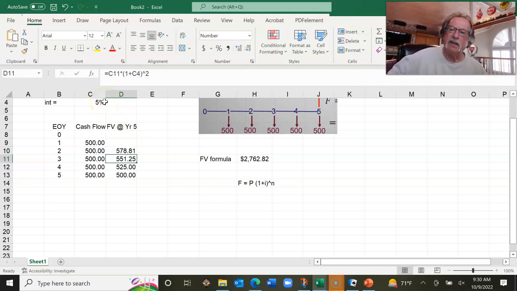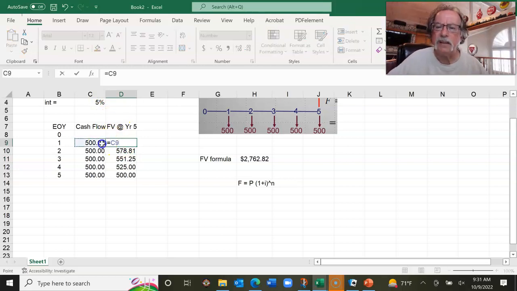Now I could obviously have done this a lot more quickly with a copy command and tagging some cells. I'm trying to do it so you can see each step. So this period here, time period 1, its value at the end of time period 5 is going to be 4 time periods in the future, right?